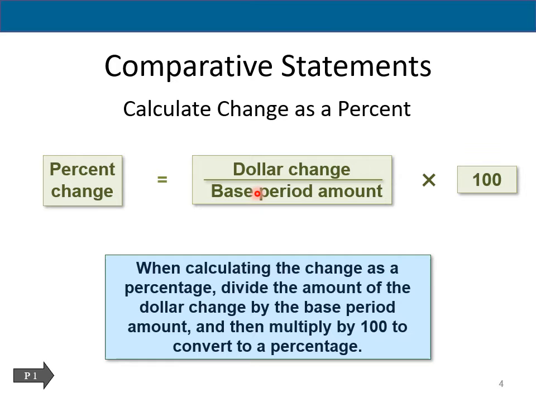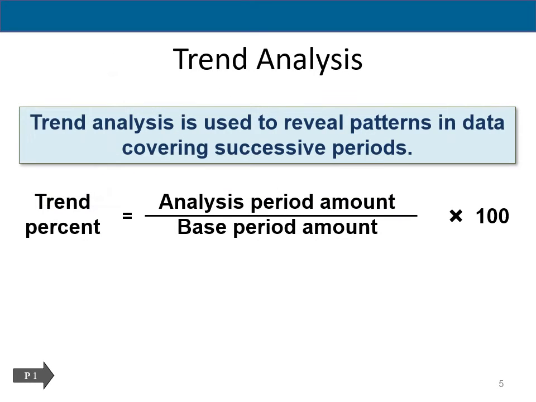So if this is an income statement and you're doing revenue, you do this for revenue, and below revenue would be cost of goods sold. You'd compute the same for cost of goods sold. We'll demonstrate this on Wednesday. And then you turn it into a percentage. Trend analysis, there's a formula there. Again, we'll demonstrate this.